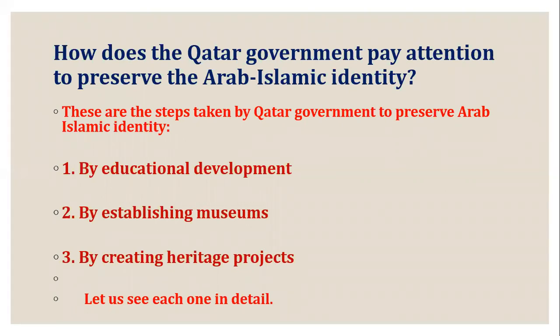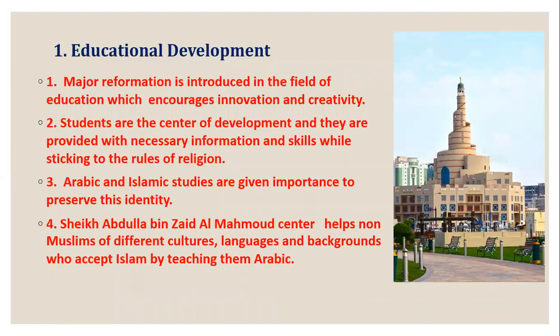What reformations are done in the field of education which helped to preserve the Arab Islamic identity? As you can see, this is a picture of Sheikh Abdullah bin Zayed Al Mahmoud Center. Now, what has Qatar done in the field of education to preserve Arab Islamic identity?